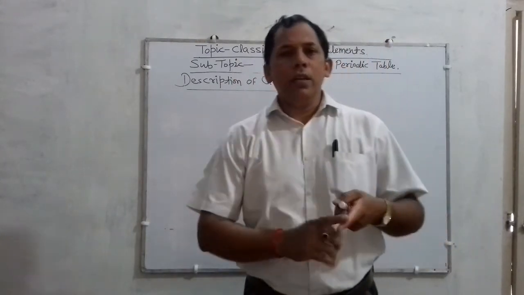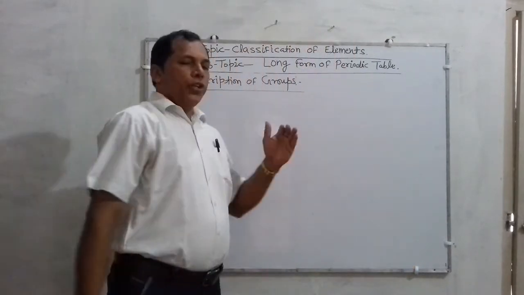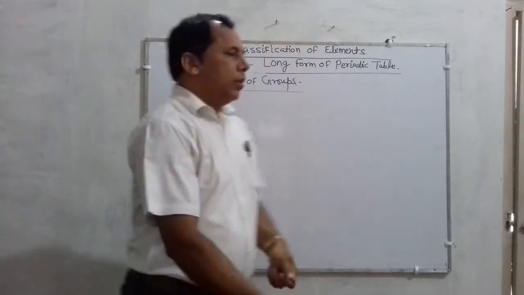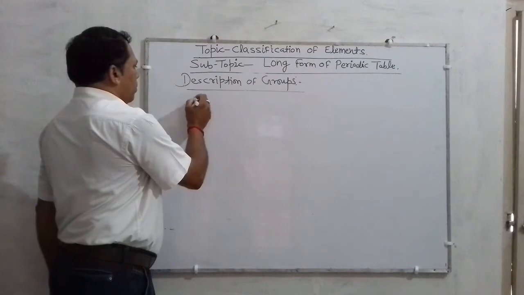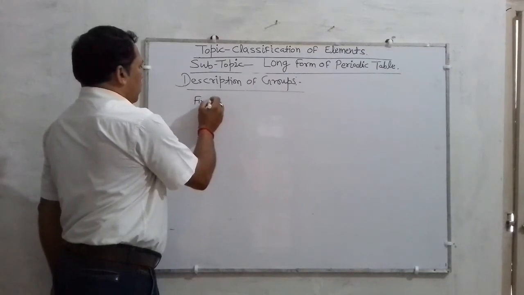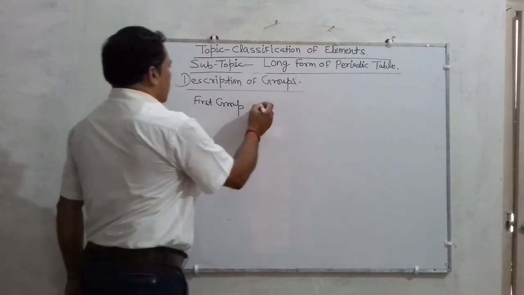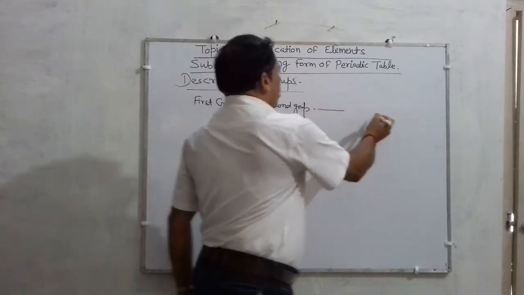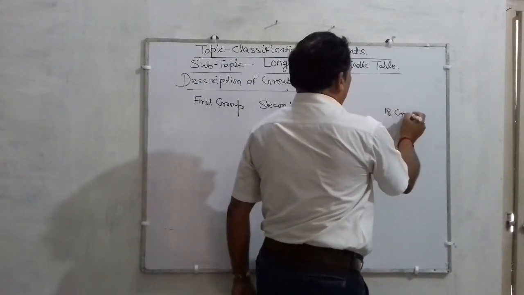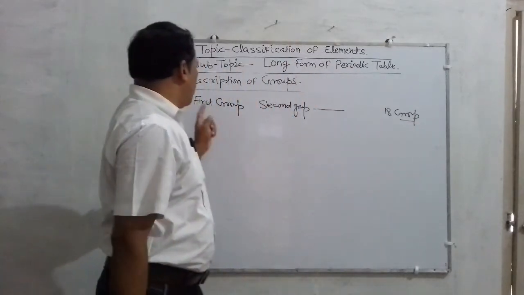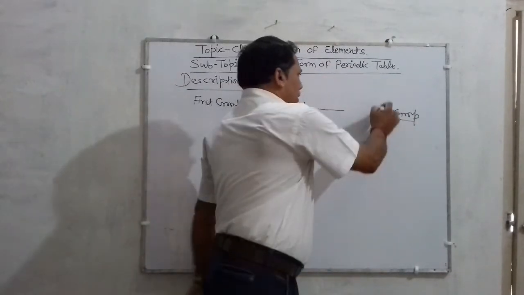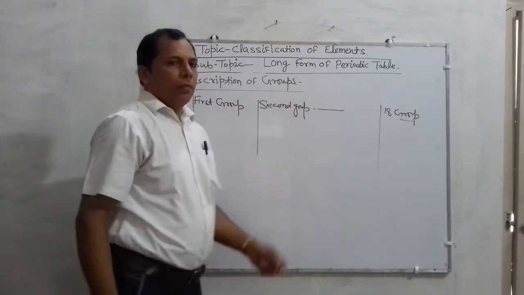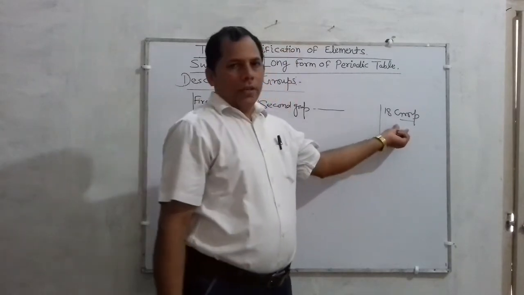These groups start from left to right, the first group, second group, and up to the 18th group.